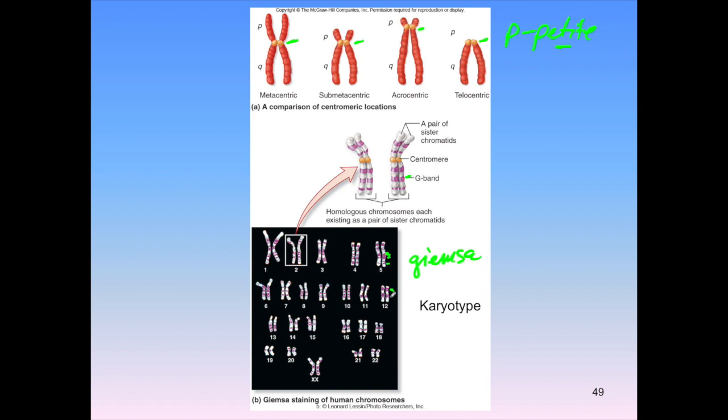So they compare where the Giemsa lines, this is called banding, and so they compare where these G bands, Giemsa bands are, as well as the centromere in order to locate the two of them together. So they're just showing you an illustration right here of what that set of chromosomes looked like really close up. Remember, one is from mom and one is from dad. This, by the way, is a female because we have two X chromosomes.